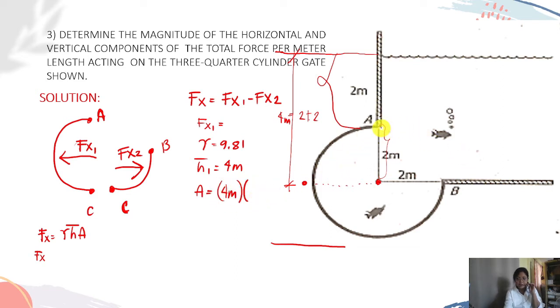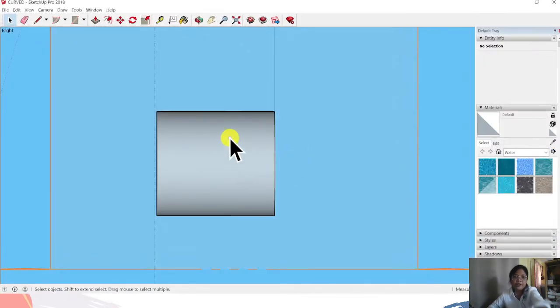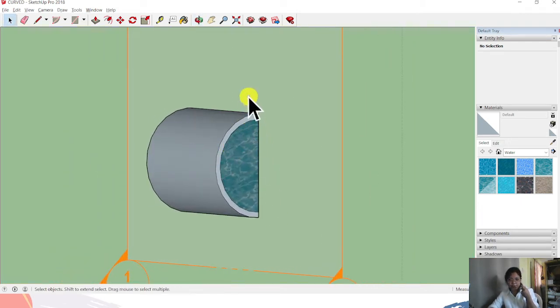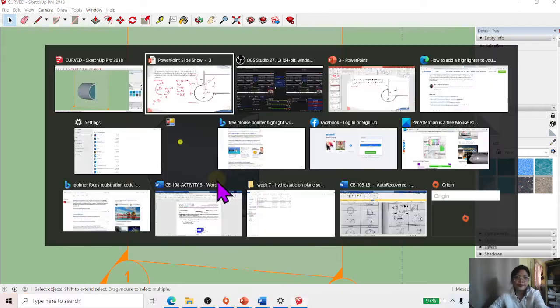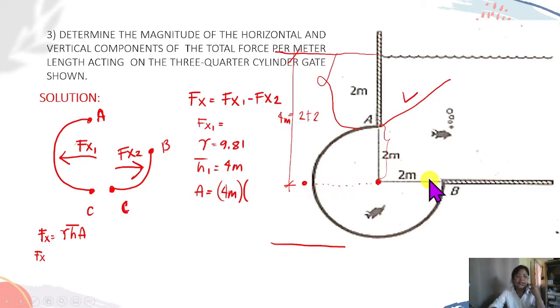So, the length is, I will draw an isometric, so this is its length, what I showed you. This is the length I pointed out. And then this is the diameter. And what is that? It says here per meter length. So when we say per meter length, that is per 1 meter.